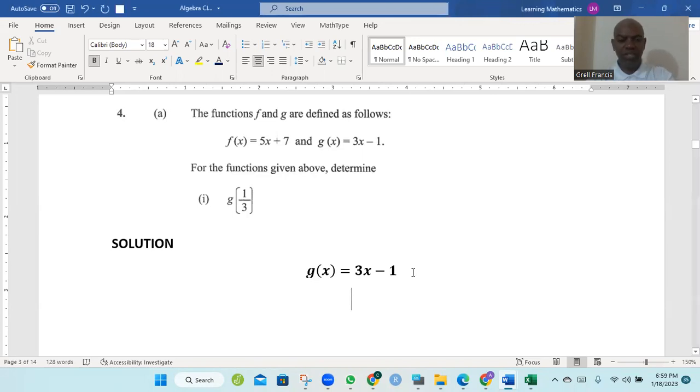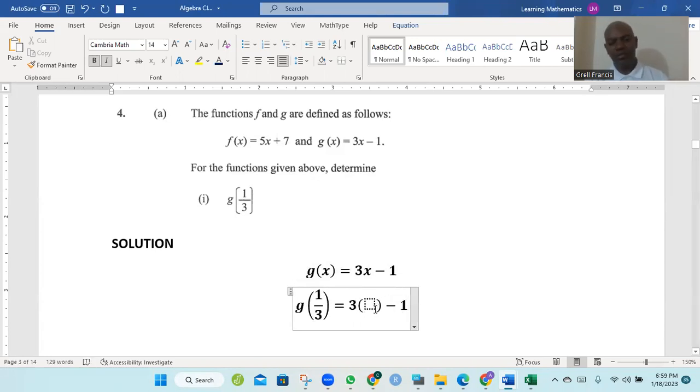Now we want to find g of 1/3. As you can see, 1/3 took the place of x. So in the expression 3x minus 1, all where you see x, we have to replace x with 1/3.